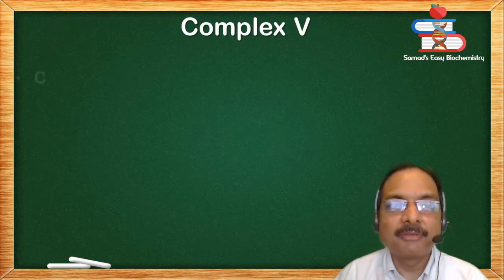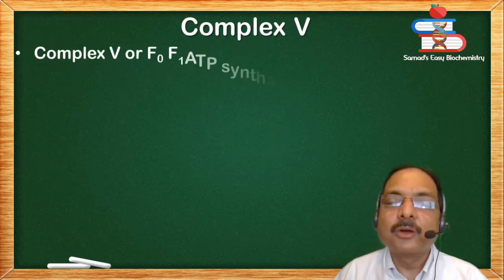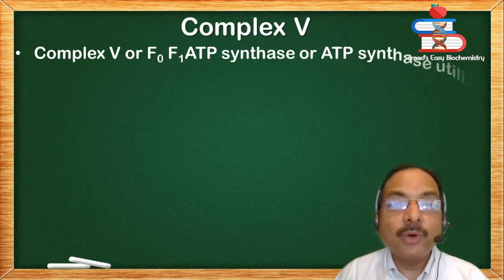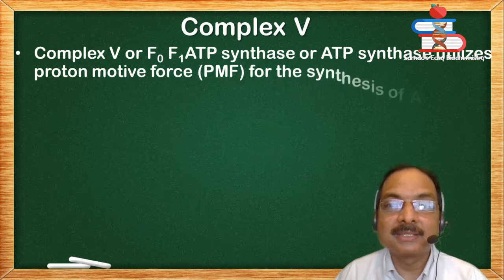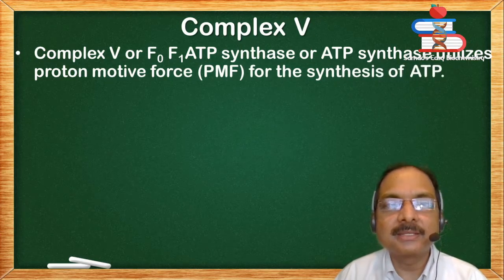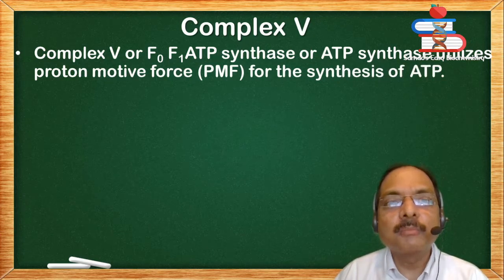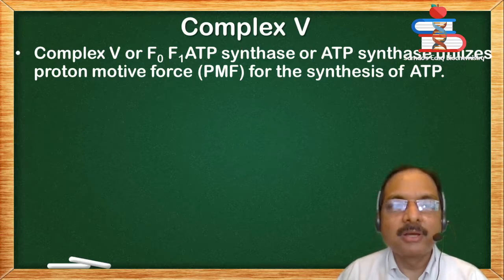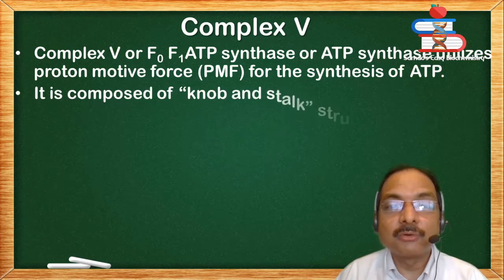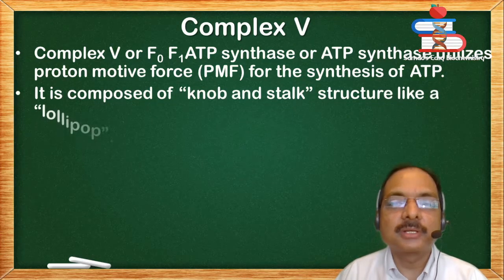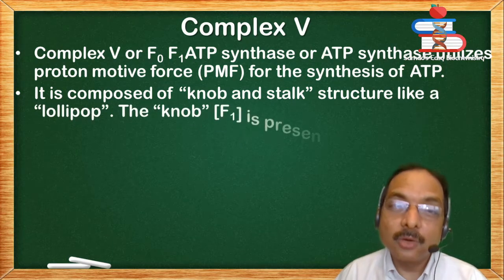Complex 5. Complex 5 or FOF1 ATP synthase, or simply ATP synthase, utilizes proton motive force or PMF for the synthesis of ATP. It is composed of knob and stalk structure like a lollipop.